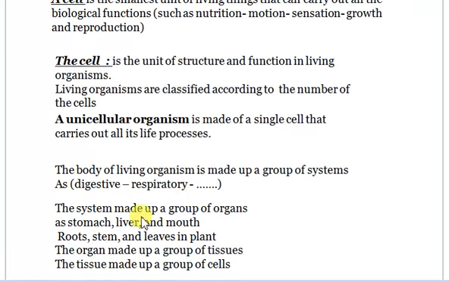The system is made up of a group of organs such as stomach, liver, and mouth, and roots, stem, and leaves in plants. The organ is made up of a group of tissues. The tissue is made up of a group of cells.